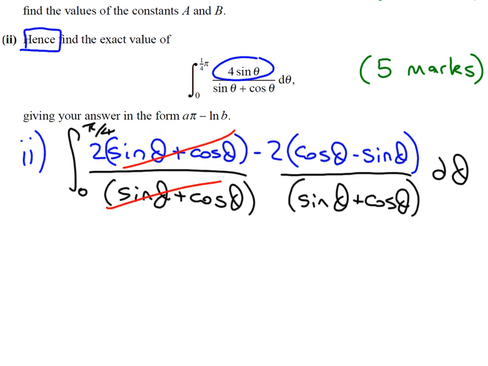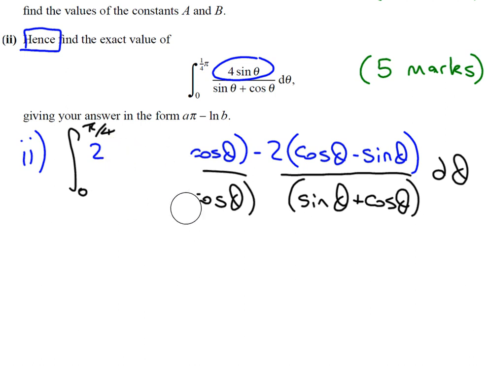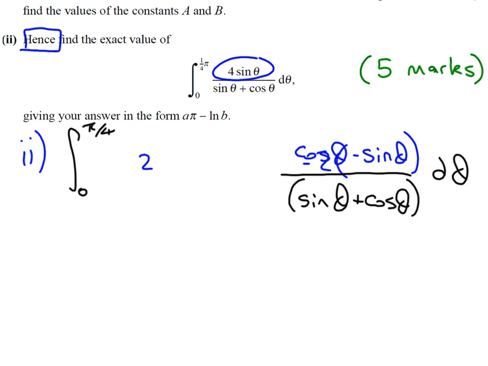So the first bit we're just integrating 2, which is very, very simple. 2 theta. The second bit, I'm not going to lie, it's more difficult. So let's think about what we know to do this one. Can you notice that the differential of sin is cos, the differential of cos is minus sin?